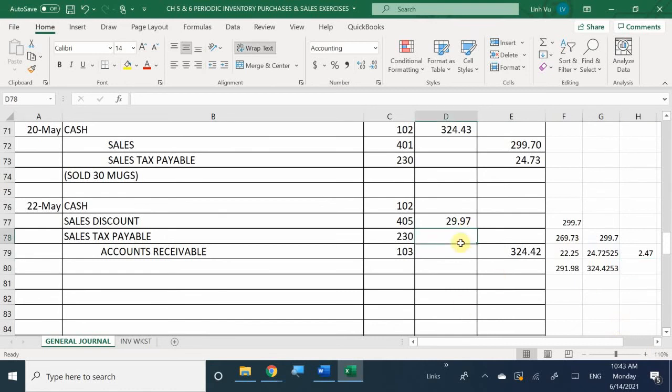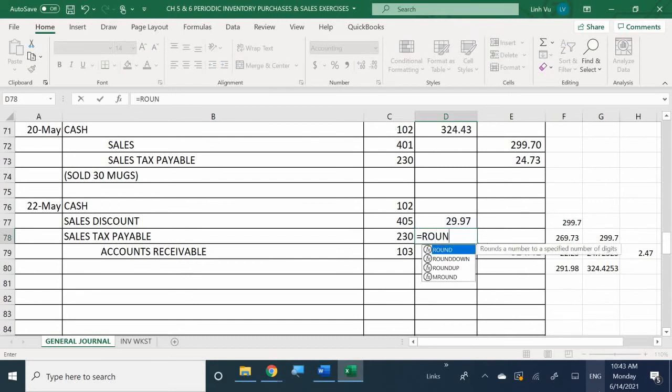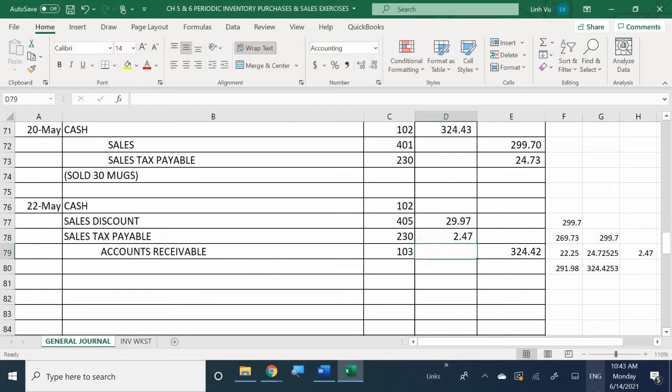All right. So I see Inga is figuring it out this way. The quickest way to do it is you simply calculate how much tax is on the actual discounted amount, and you would have gotten $2.47. That right there. Because the whole idea is that tax is prorated. It's based off of the selling price.